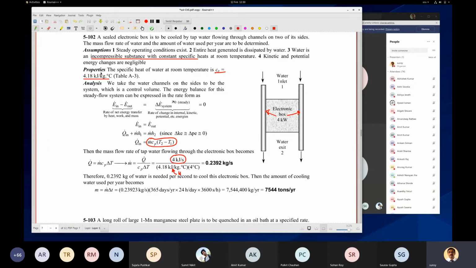This is the water property, Cp. Water Cp is given. For water we cannot say Cp or Cv, there is no difference. We say only Cp. There is no difference between Cp and Cv.